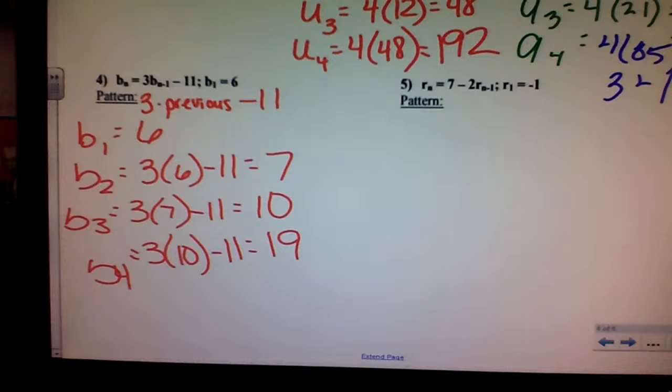The beautiful thing is, this recursive sequence is pretty easy. But what if I say, find a sub 217? Who's gonna sit there and do this 217 times to find that number?